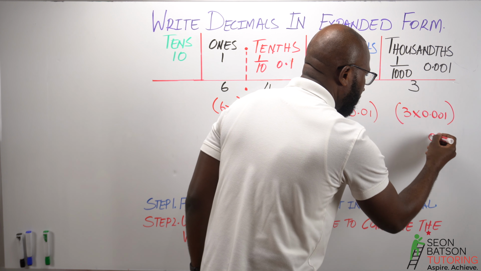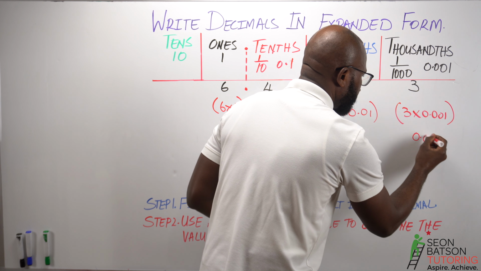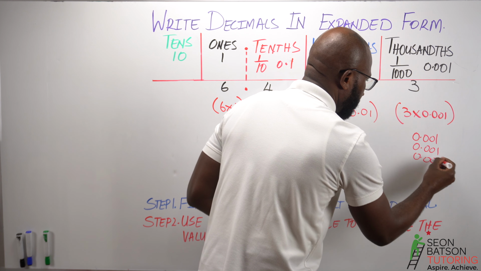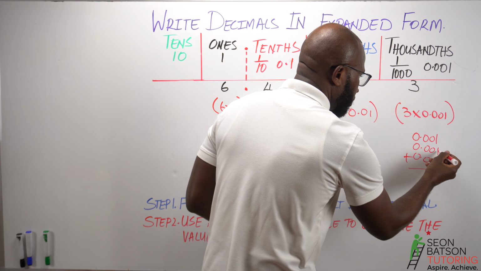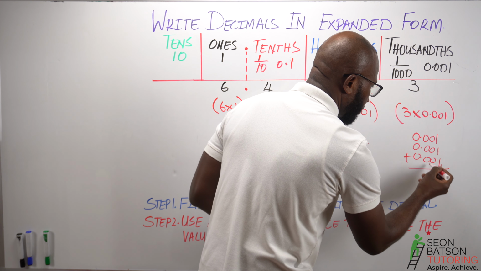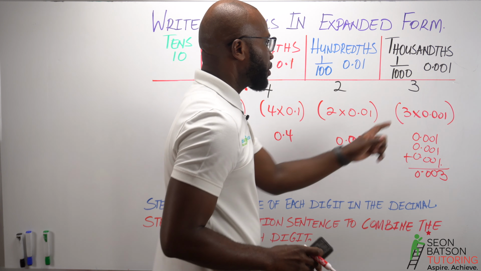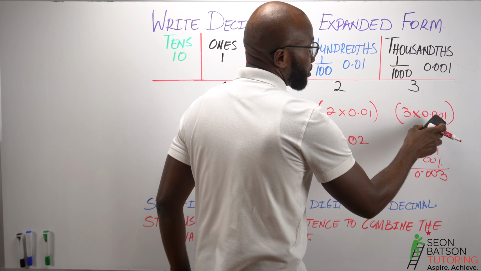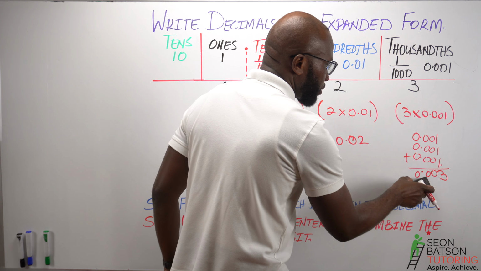So we have 1, 2, 3. Yes? If we add them, 1 plus 1 is 2, plus 1 is 3. We have all zeros in this column, all zeros in this column here, and all zeros here. So 3 times 1,000th, or 3 times 0.001 is 3 thousandths, or 0.003.